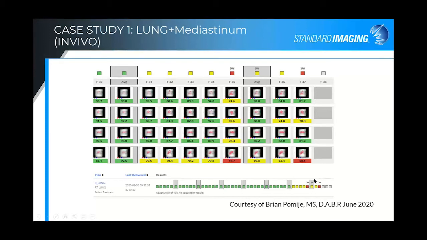And then, as I mentioned before, in gray, these are weekly average notifications. And so then a warning occurred for the weekly average along about following fraction 35. The physician was notified concerning these alerts.